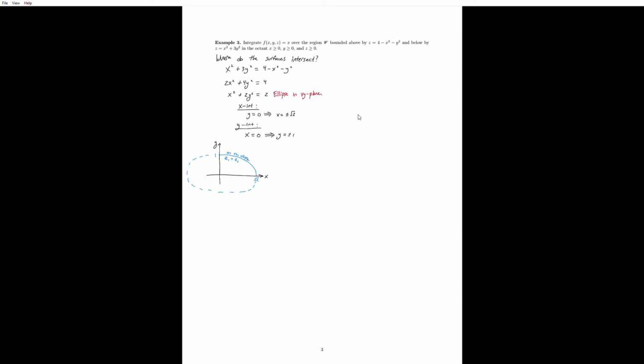If we plug in a point within the ellipse, one of them is bigger than the other. And if we plug in a point out here, the only thing that could potentially happen is that they flip.